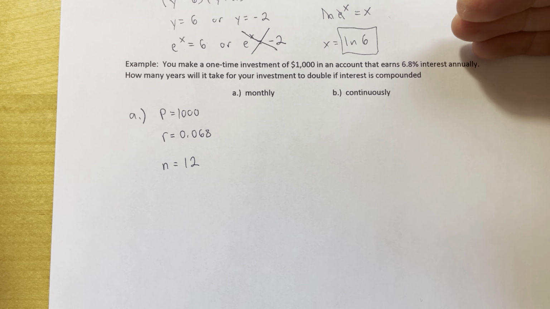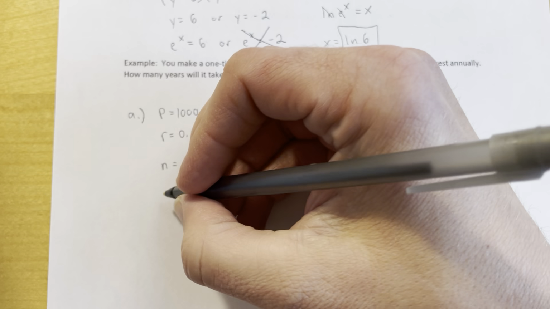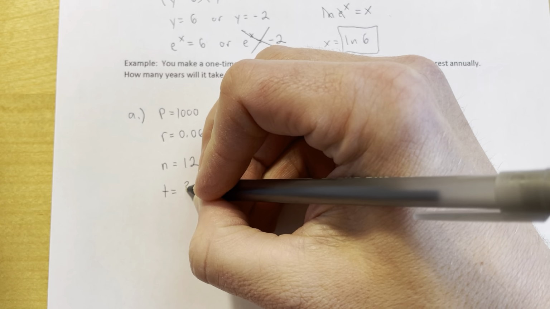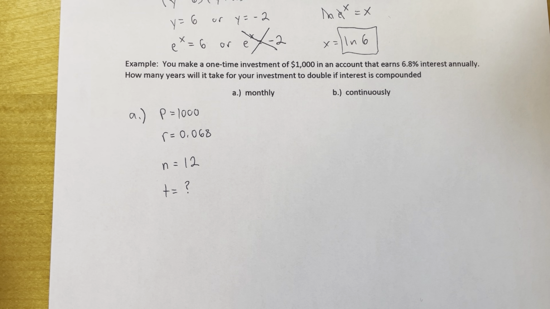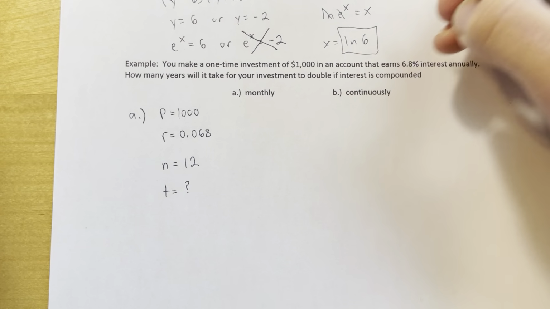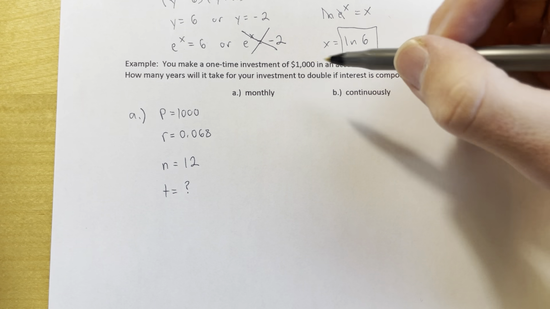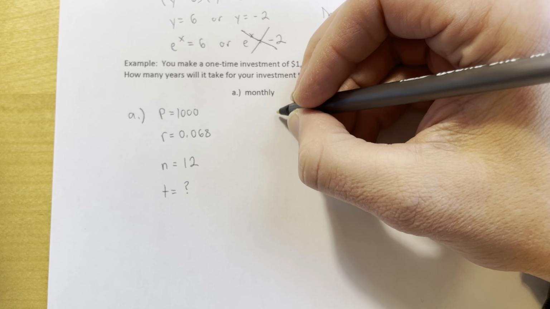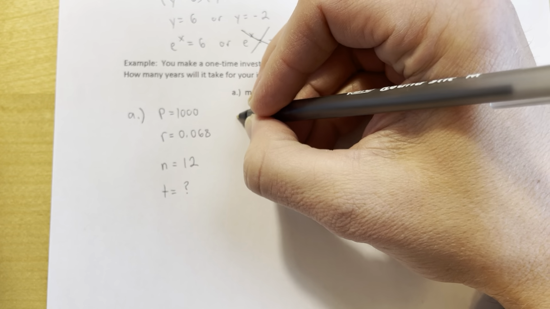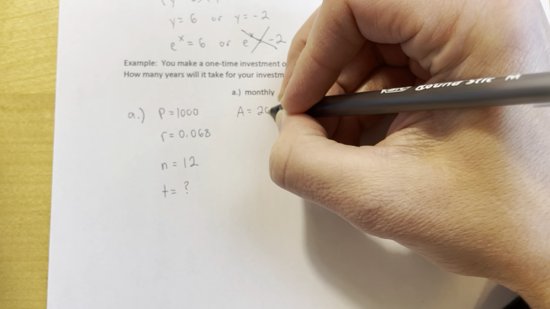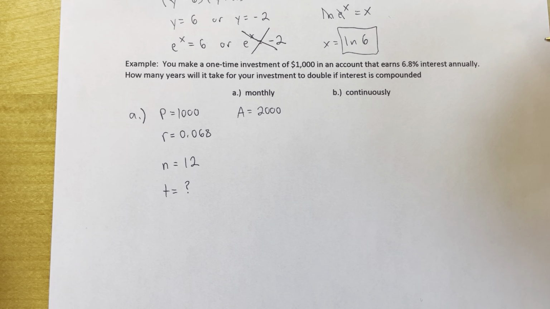I don't know the number of years that I'm plugging in. I don't know t, because that's the thing I'm trying to find. I do know, however, what my account balance should be for the number t that I'm looking for. It's whatever I get from doubling my investment. Well, if I double 1,000, I get 2,000. So I get A is equal to 2,000. Now I can plug things into my compound interest formula.